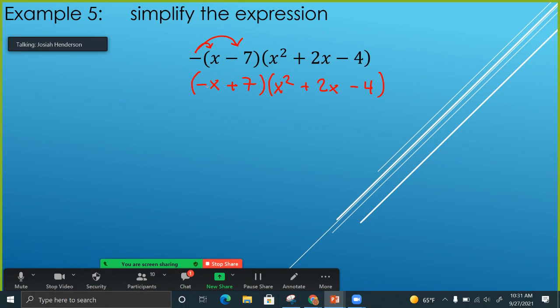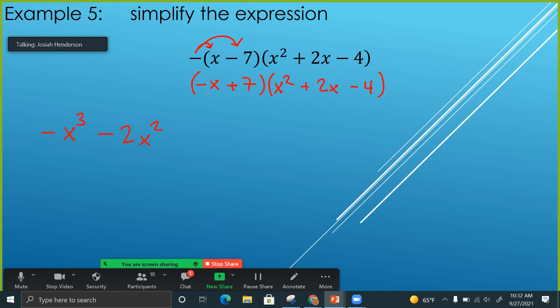So we should have 6 different multiplications because it's negative x times everything and then 7 times everything. So negative x times x squared will be negative x to the third. 1x and then 2 more, x to the third. Negative x times 2x will be negative 2x to the second.